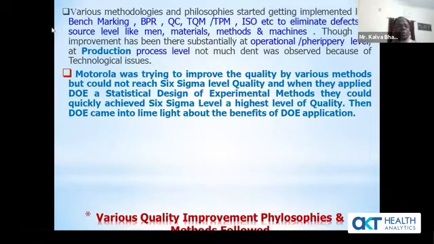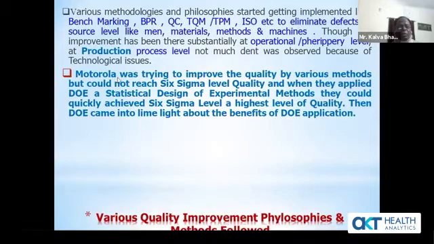Various methodologies and philosophies started getting implemented like benchmarking, BPR, QC, TQM, TPM, ISO, to eliminate the defects at the source level like men, materials, methods, and machines. Though the improvement has been substantial at operational level, at production process level not much dent was observed because of technological issues.